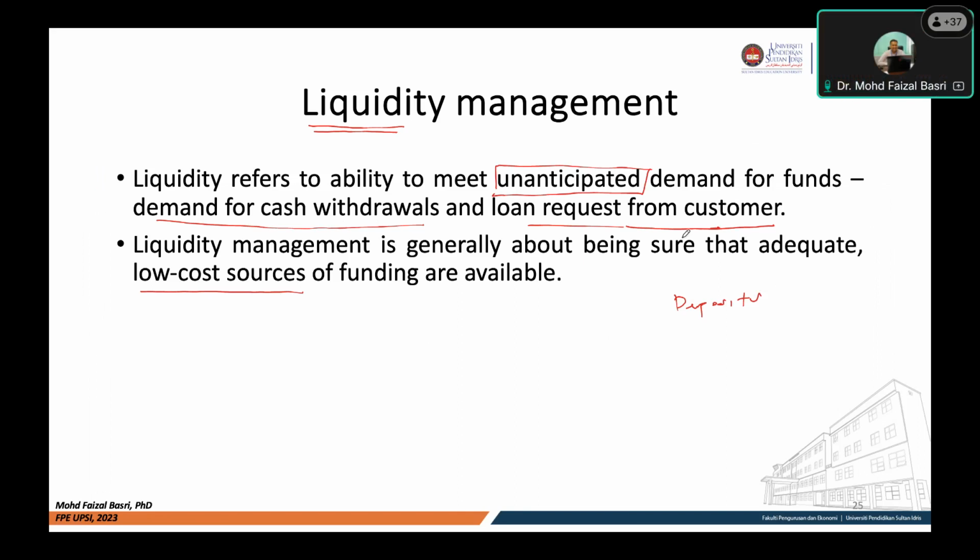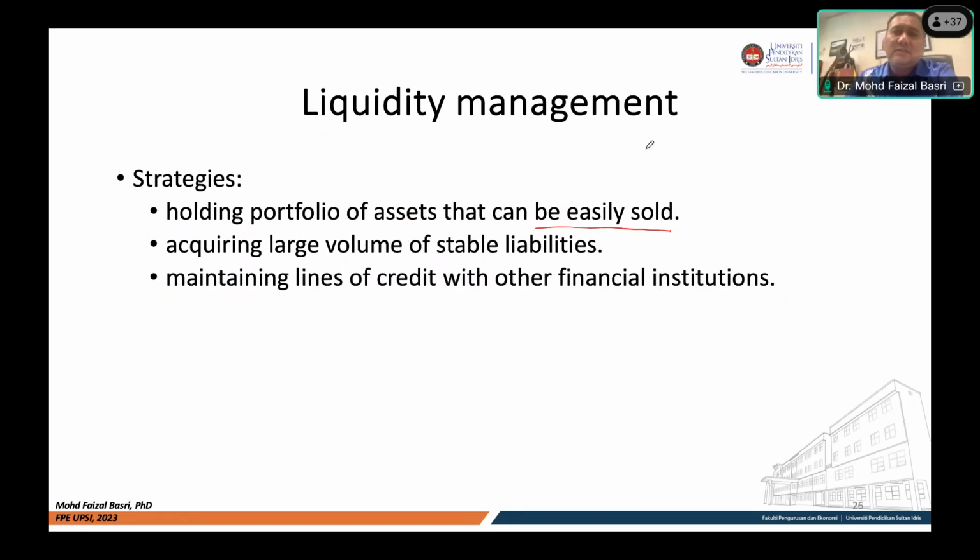So how do we strategize liquidity management? Number one, a whole portfolio of assets that can easily be sold and liquidated for us to convert into cash. Property, for example, houses and whatnot, is not a good portfolio when we talk about liquidity.